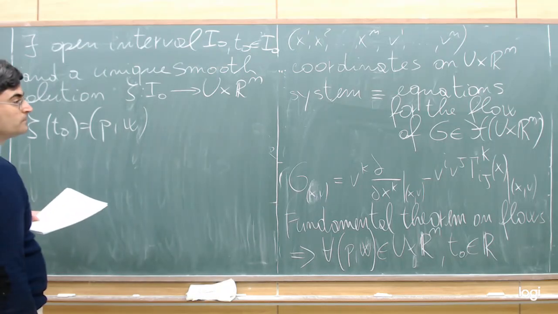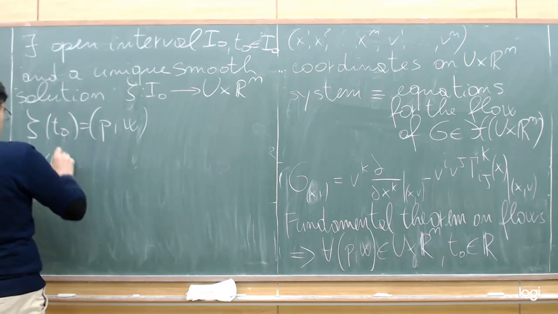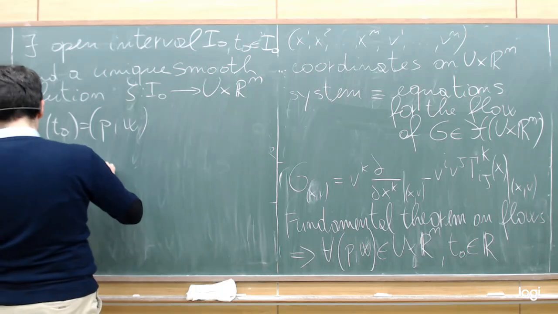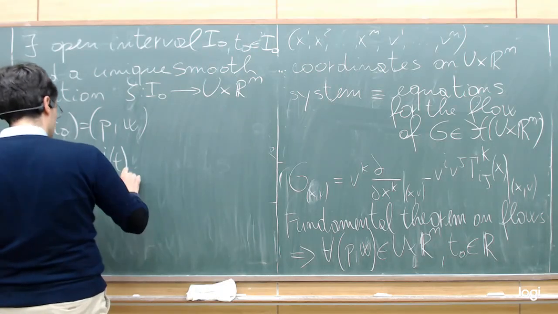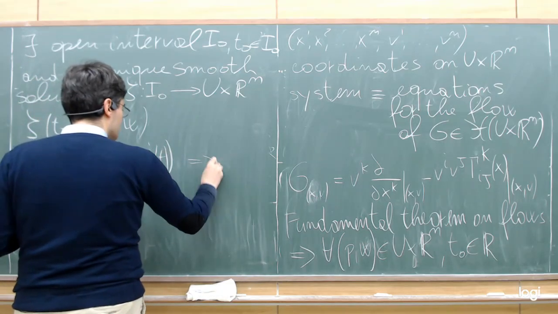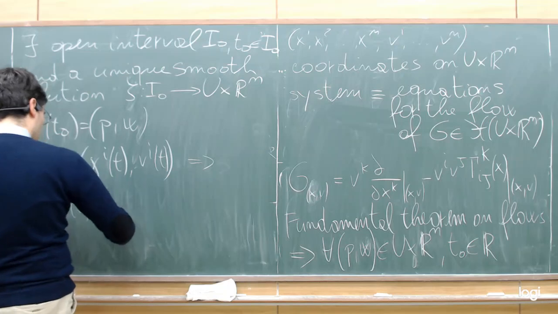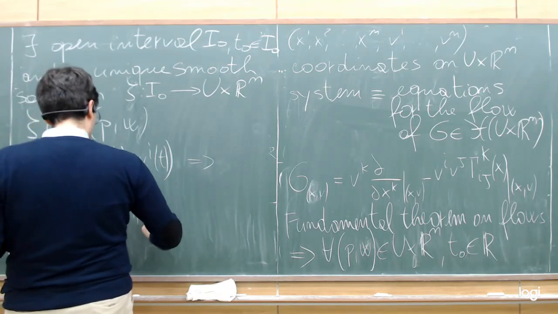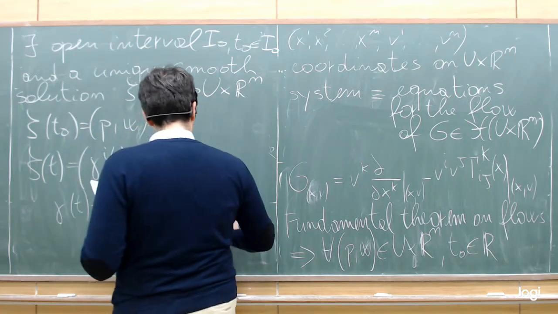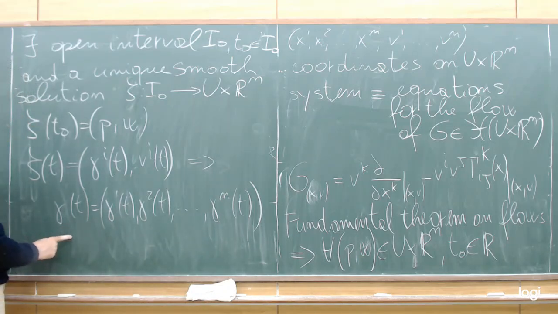You can check that if you write down zeta(t) as (gamma^i(t), v^i(t)), then gamma(t) given by (gamma^1(t), gamma^2(t), ..., gamma^n(t)), that is the map that you get considering just the first n components.